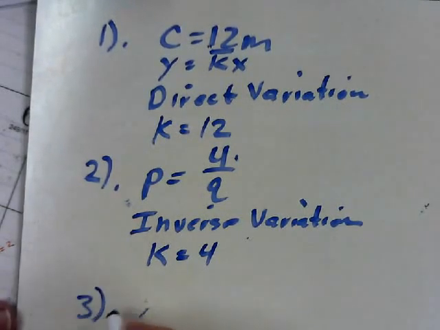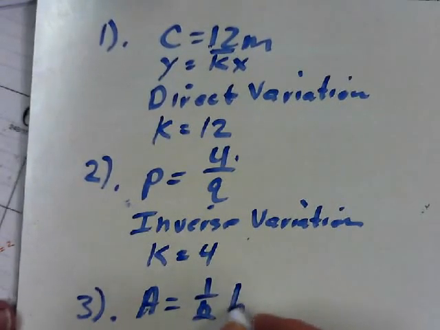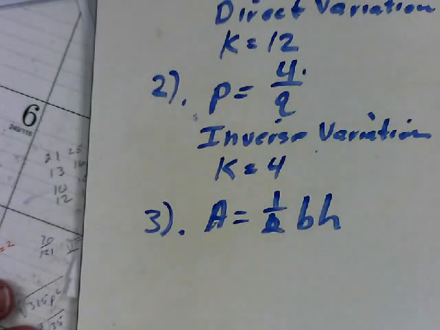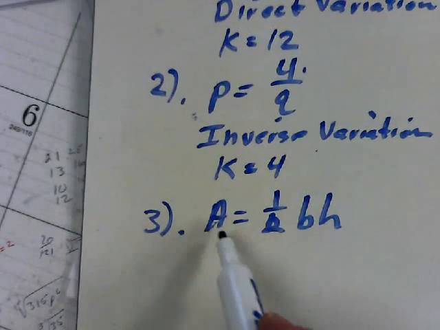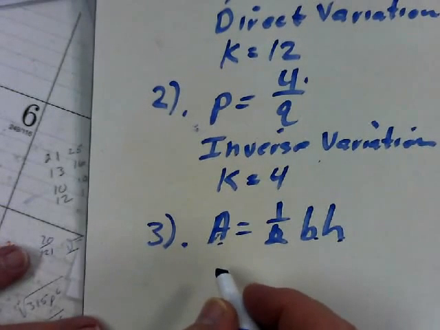So problem number 3. A equals 1/2 BH. Well, how many things do I have in here? I actually have 3. I have the A, the B, and the H, right? Do you agree? I said I'm not making any differentiation, you can either call it combined or joint.